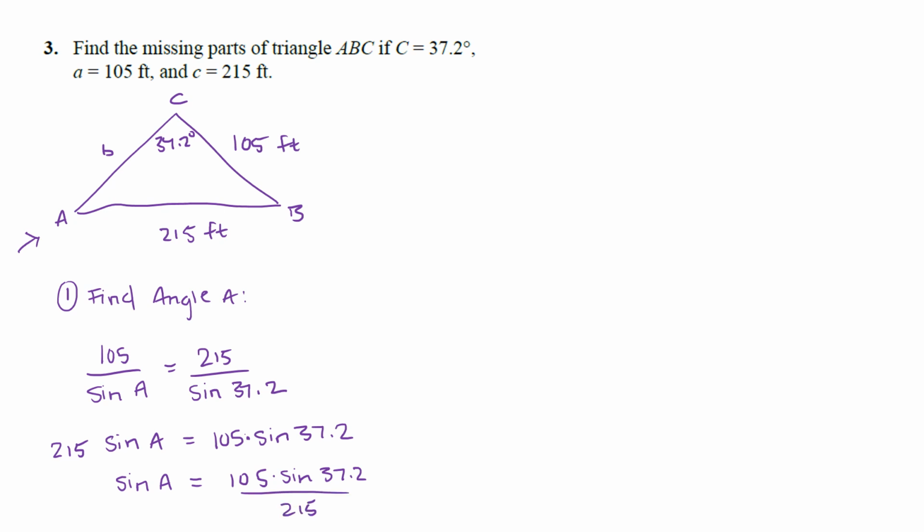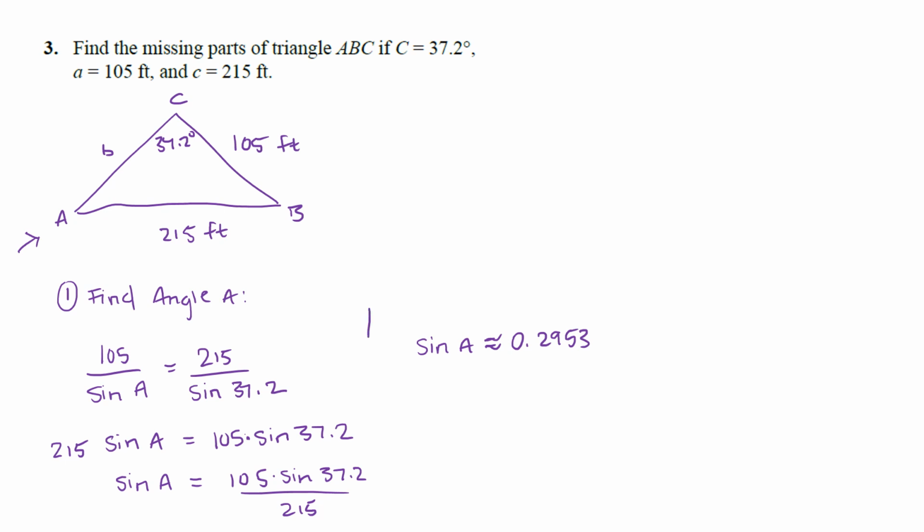Okay. Now, the sine of A, when we evaluate that right-hand side, is approximately 0.2953. Okay. That value is between -1 and 1, so we know that there is a degree measure that gets us this value. But what degree measure is it?